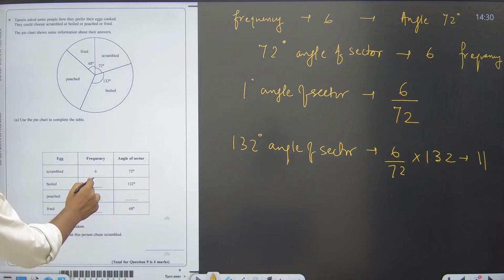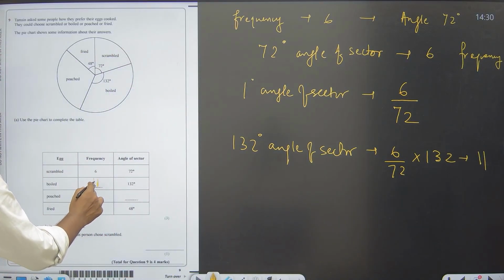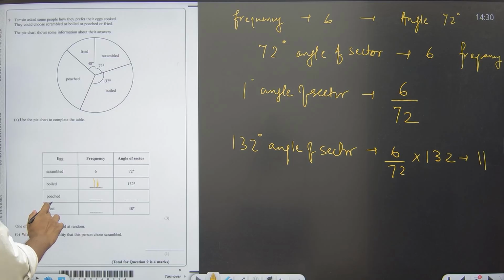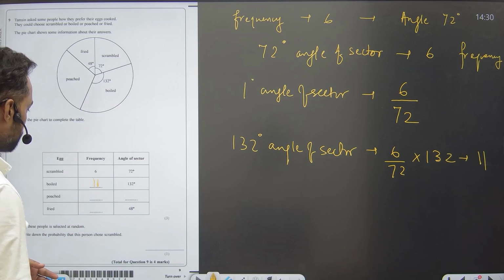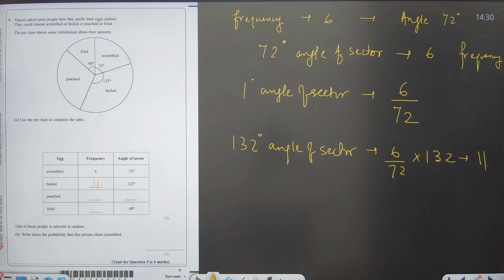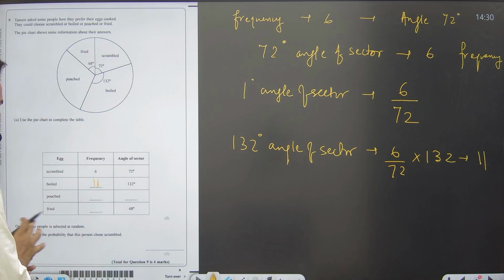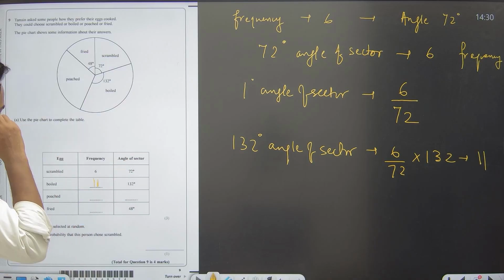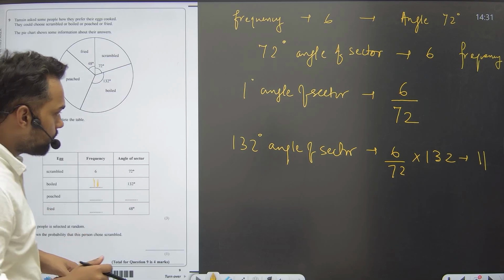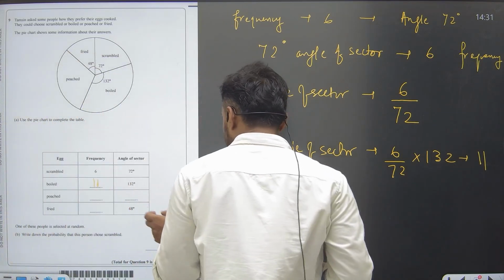So for boiled eggs, what will be the frequency, students? 11. For poached eggs, we know neither the frequency nor the angle. Now what we need to see is fried eggs. For fried eggs, the angle of the sector was 48.